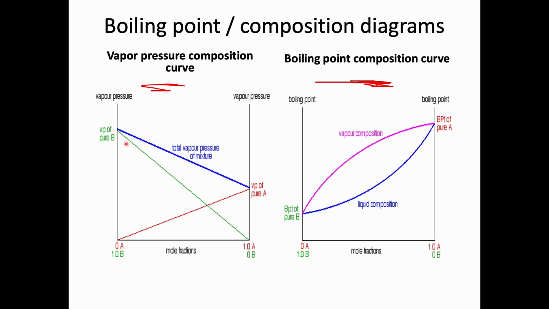By comparing your two diagrams, you can note that the relationship between your vapor pressure and your boiling point is inversely proportional. So here you have your B, which has a higher vapor pressure, meaning that your B has a lower boiling point. Your A would have a higher boiling point and therefore a lower vapor pressure.